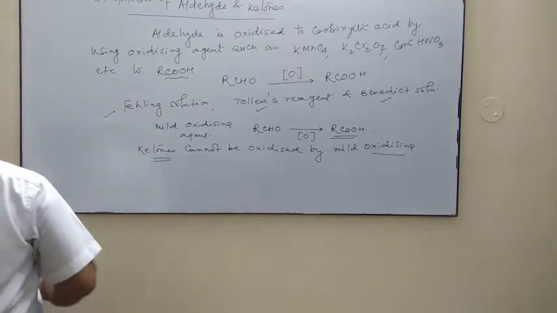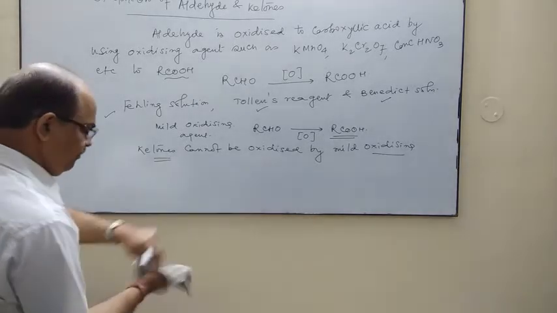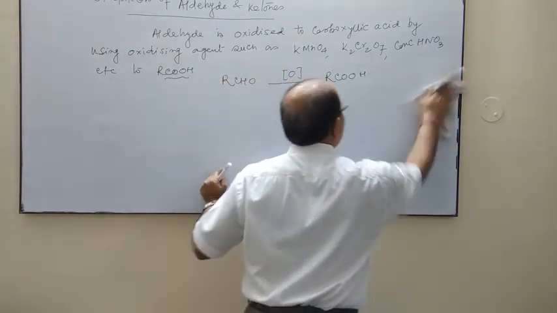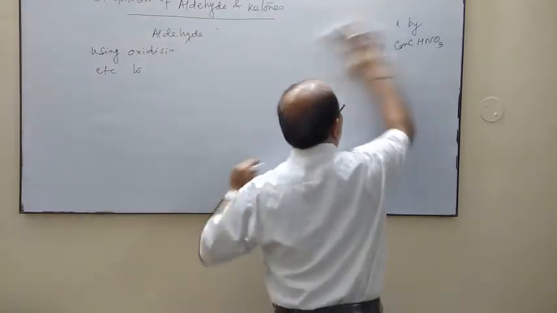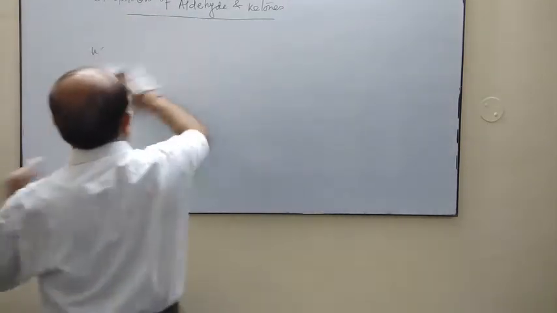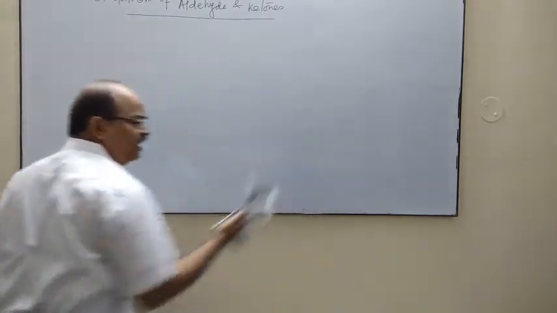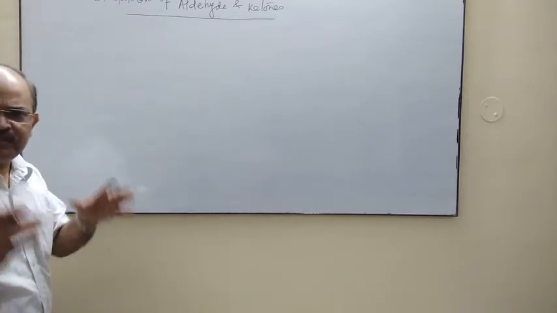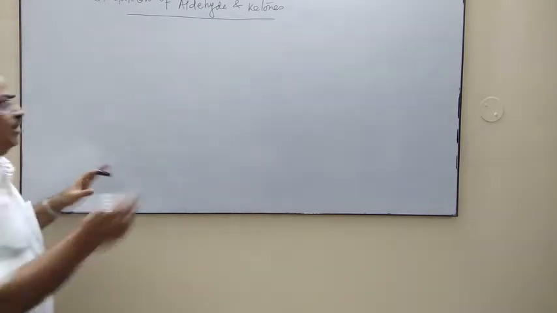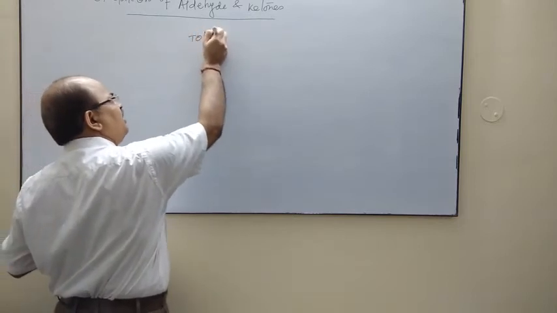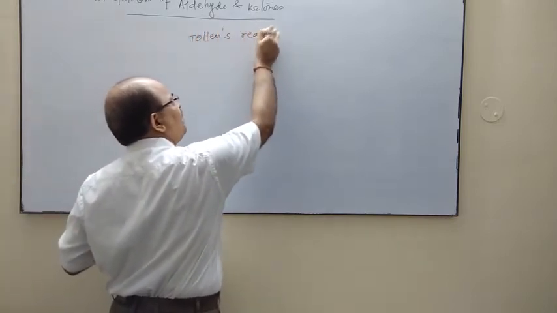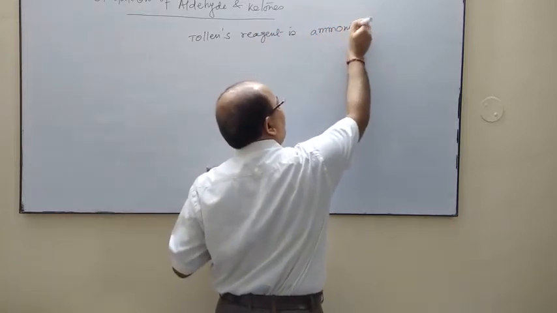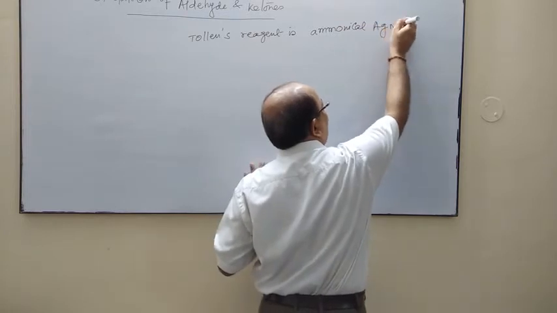So first of all, let us observe the oxidation of aldehyde by a mild oxidizing agent, that is your Tollens reagent. What is Tollens reagent? Tollens reagent is ammoniacal silver nitrate solution.